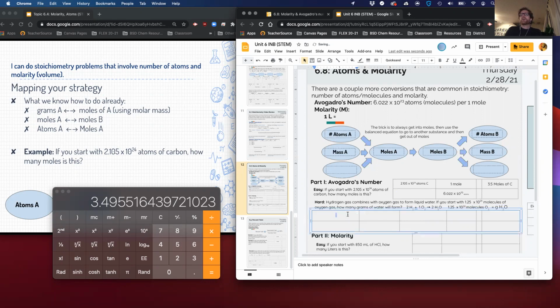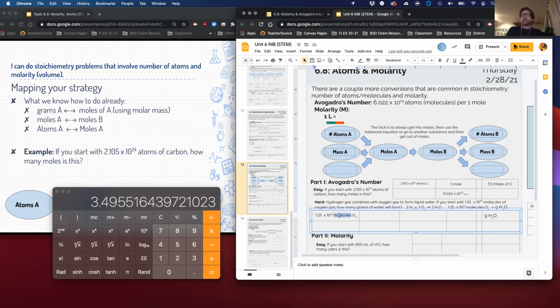Cool. All right, so let's go ahead and start this thing right here. I'm going to say my oxygen gas, 1.25 times 10 to the 24th. Put that right in here. And I want to get grams H2O over here. Okay, well, let's see here. We're going to go from atoms to moles, moles to moles, moles to mass.